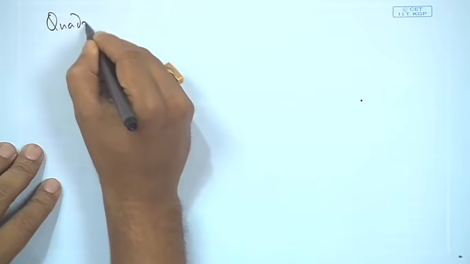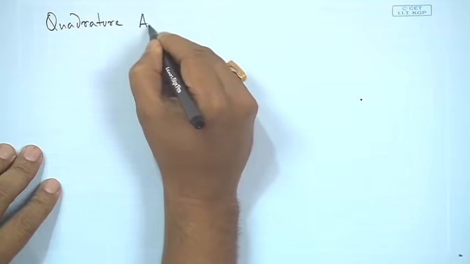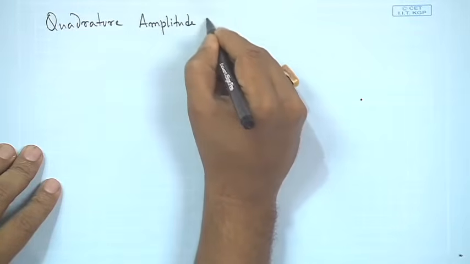So, with these two we would like to move forward to the next important modulation technique in the domain of digital communications, which is the quadrature amplitude modulation.